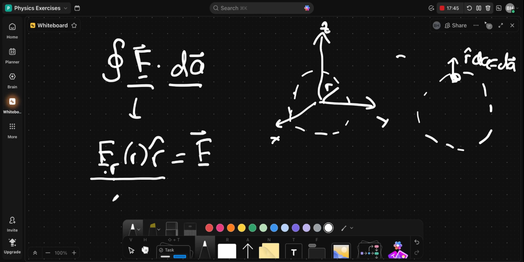On the other hand, we also have a radial infinitesimal normal vector.